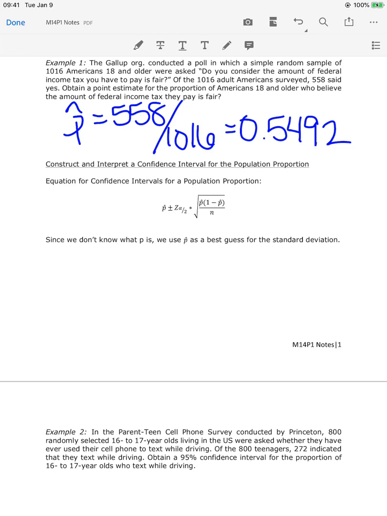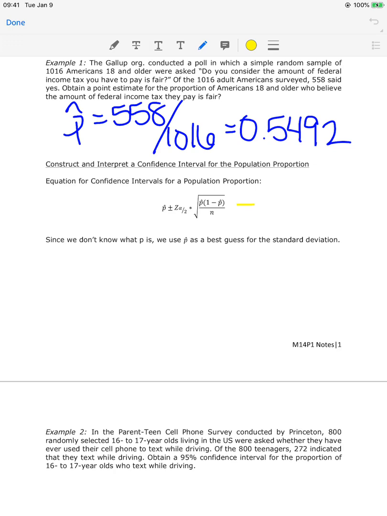So the equation for a confidence interval is p hat plus and minus, meaning we're going to do this entire equation twice. First time we're going to add, second time we're going to subtract, z alpha over 2, which we'll talk about in the example, times the standard deviation. Now notice this standard deviation equation is a little bit different than the standard deviation equation we've used in the past. That's because that standard deviation equation relied on knowing what p was.